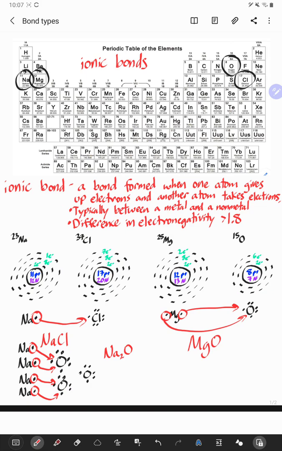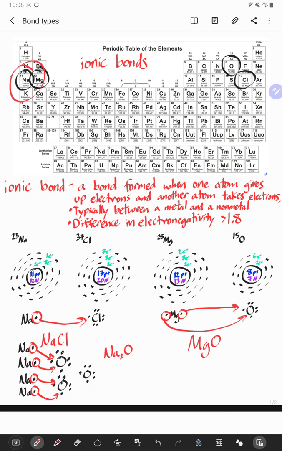Also, it's a difference in electronegativity of greater than 1.8. We'll show you electronegativity charts later on, where we recall that electronegativity increases as we go up and to the right until we get to the noble gases, and those are crossed off. So oxygen and chlorine both have very high electronegativity values. They are pulling electrons towards them. They want electrons.